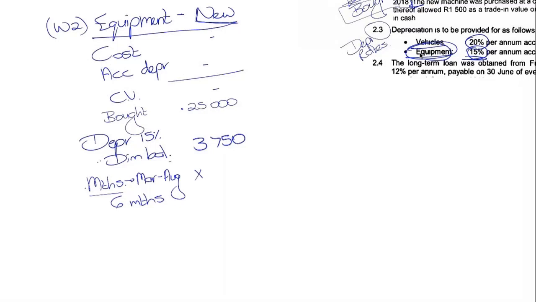That means that we will be dividing our depreciation by 12 to identify, for every month that we have that asset, what is our depreciation? So we divide it by 12 and say, okay, every month I have X amount of depreciation and I had it for 6 months. So 3,750 divided by 12 times 6 means that my depreciation for the new asset was 1,875.